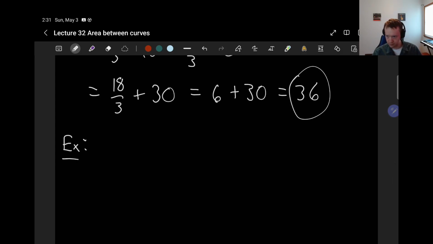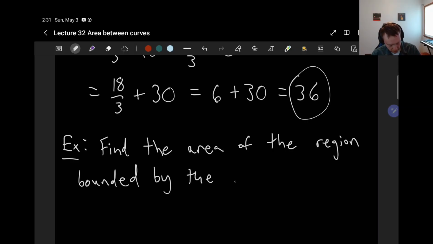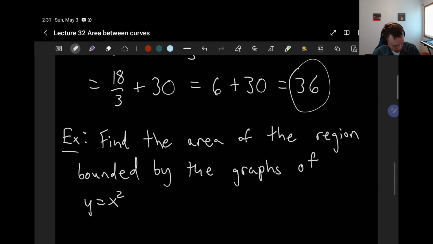Next, find the area of the region bounded by the graphs of y equals x squared and y equals x plus 6. So this time I'm just given two normal curves.